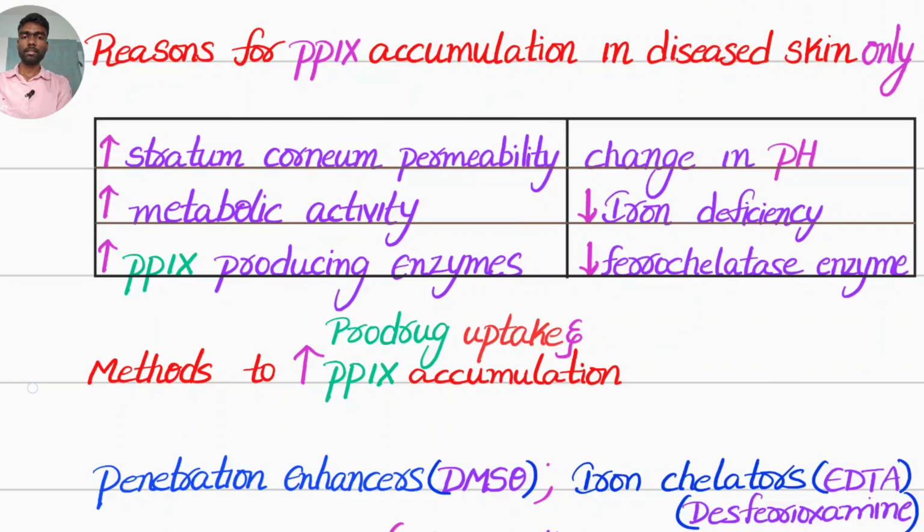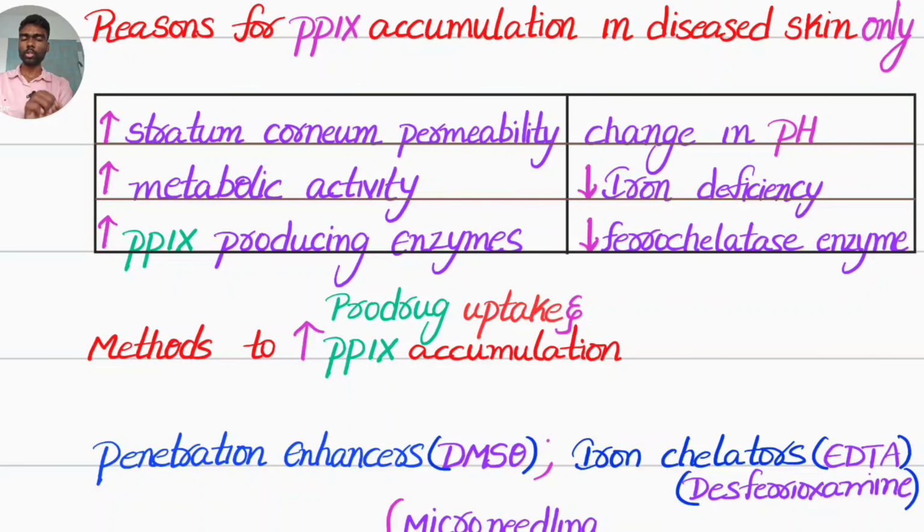Next, what are the reasons for protoporphyrin 9 accumulating in diseased skin only, without accumulating in normal skin and without showing any effect on normal skin? How is it possible? Because the skin overlying the disease has more stratum corneum permeability, and cancer cells obviously have more metabolic activity. Because of this, there will be a change in pH. Cancer cell pH will be just opposite to normal cells, with more alkaline pH inside the cell and more acidic pH outside the cell because of the Warburg effect.